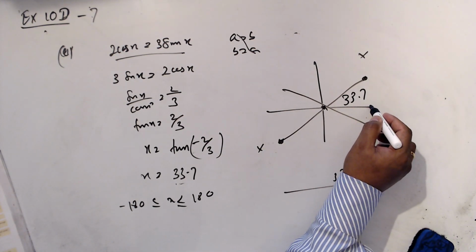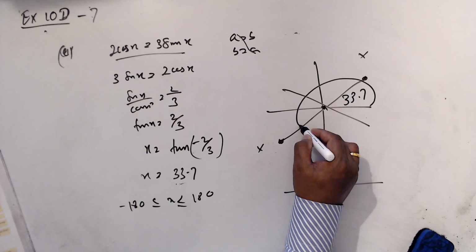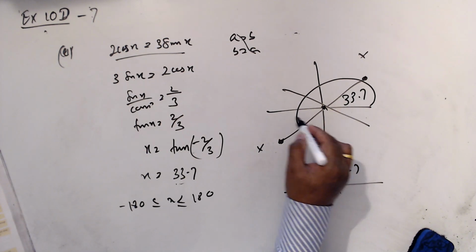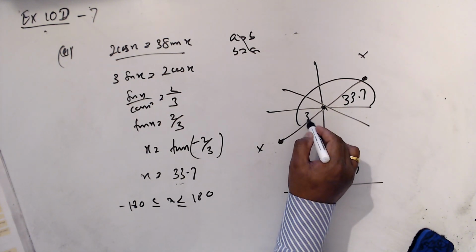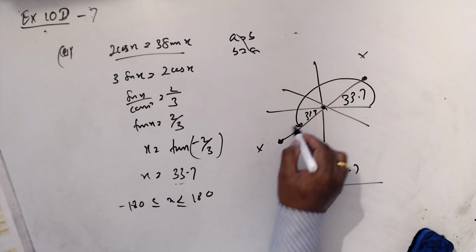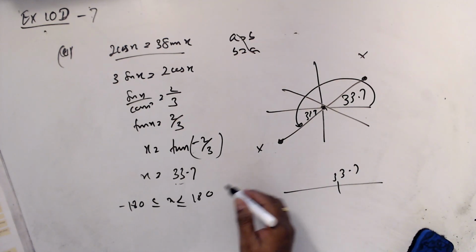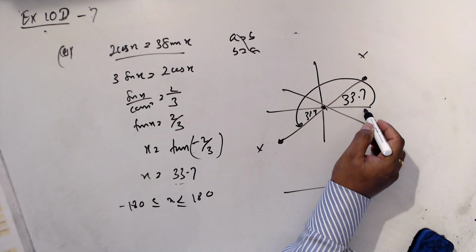So this is going to be 180 plus 33.7. So that is already, we know, greater than 180. Shall we come back from the left side?